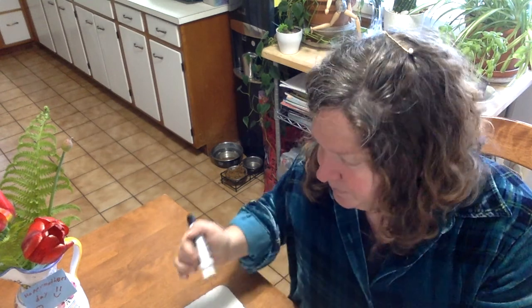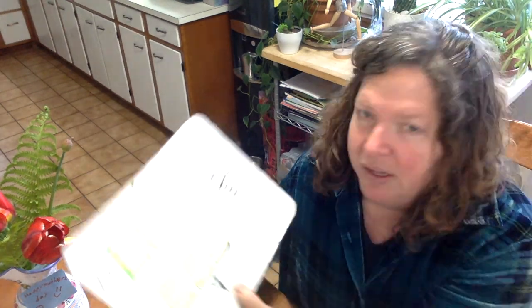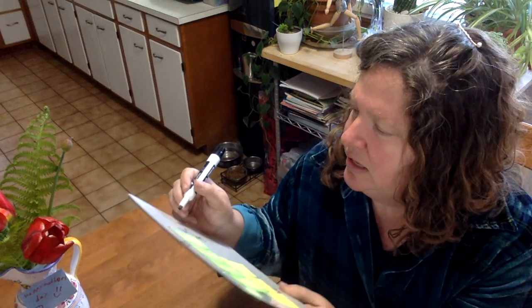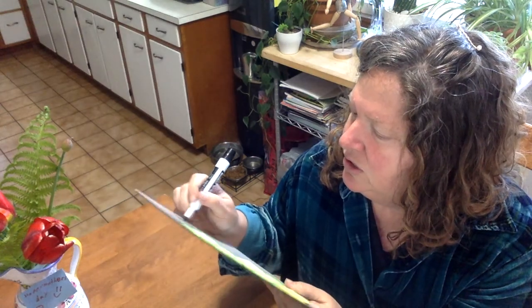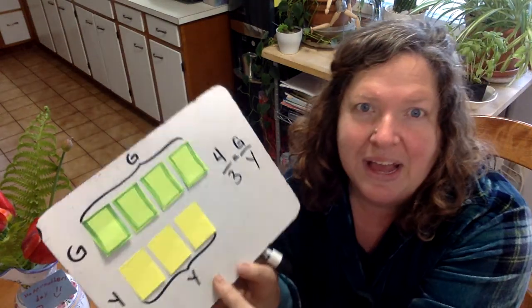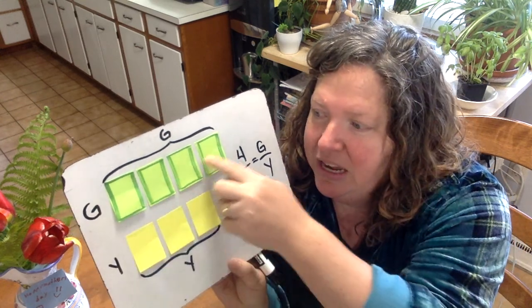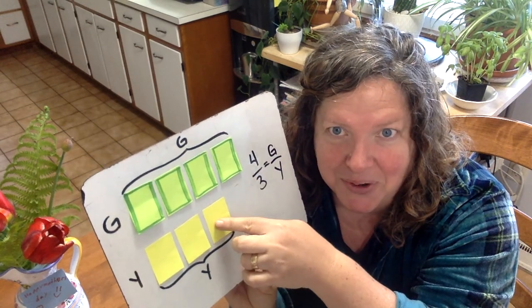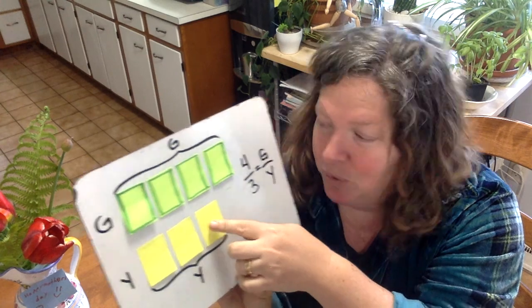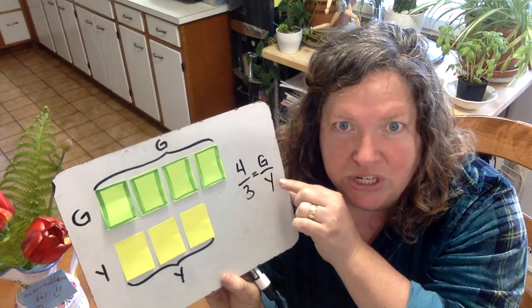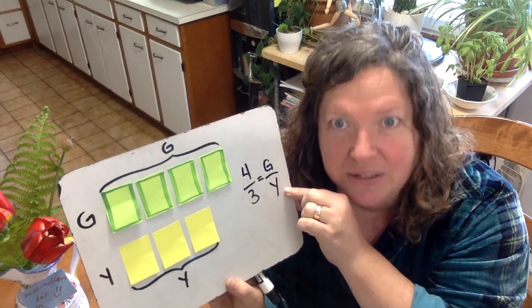So what would that be like if we were going to write that as a proportion? Well, right now we have a 4:3, but we could also call it G to Y. G to Y. And that way we could change the numbers in here and still know how to work with that, because it would be G to Y, green to yellow.